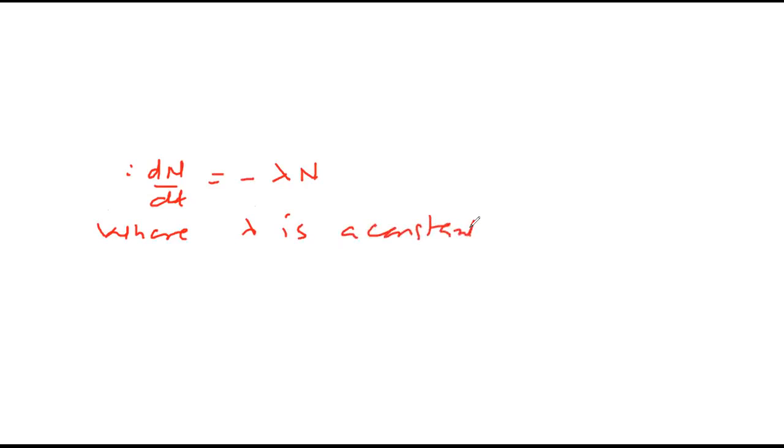Therefore, dn upon dt is minus lambda n, where lambda is a constant called as decay constant.